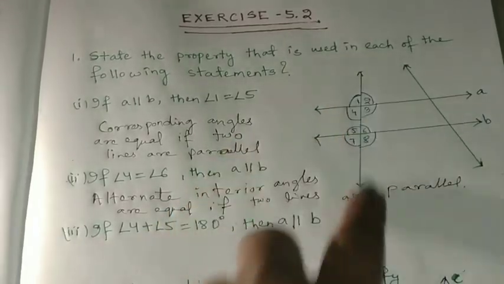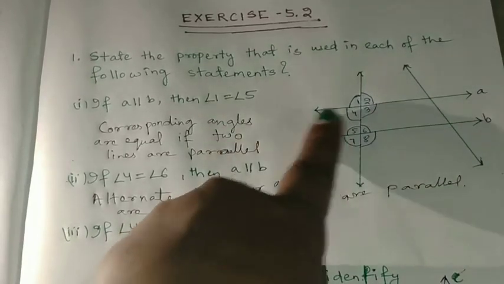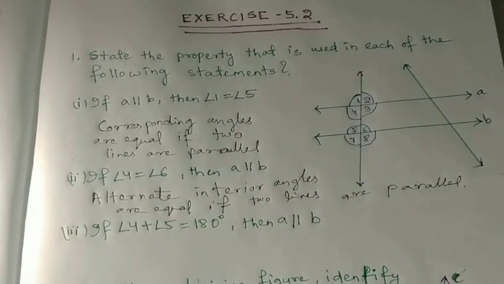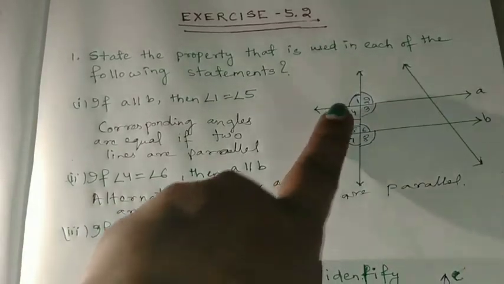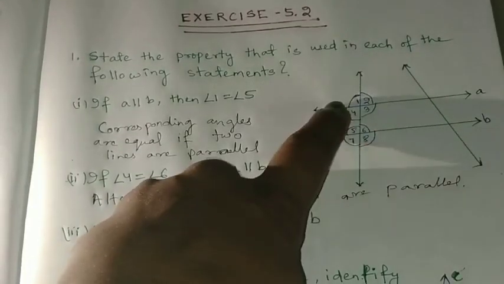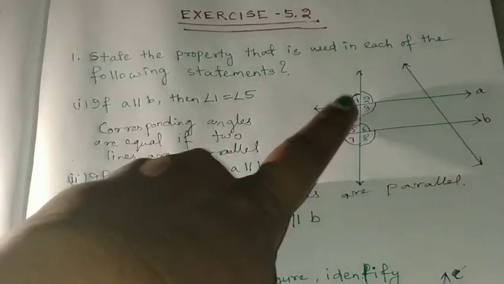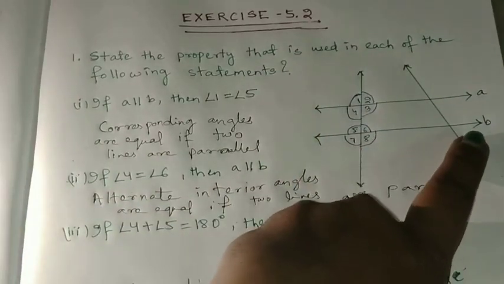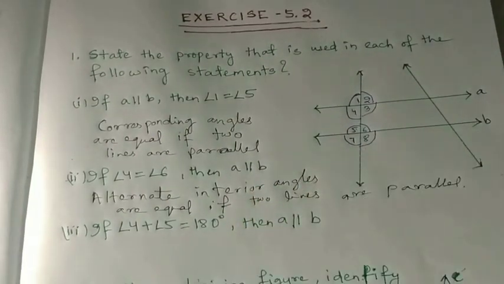This is the transversal line, and 4 and 5 are on the left side, on the same side of the transversal, and the sum of these two angles is 180 degrees. Then A is parallel to B. If the sum of the pair of interior angles on the same side of the transversal equals 180 degrees, then the two lines are parallel.